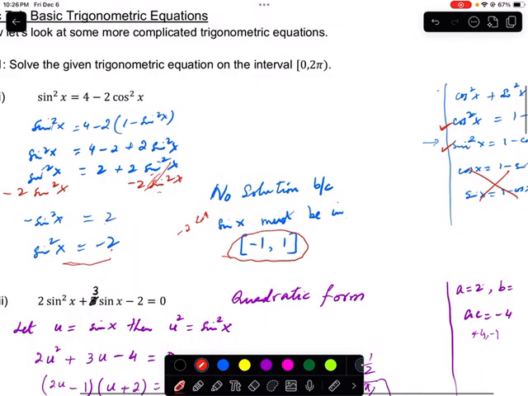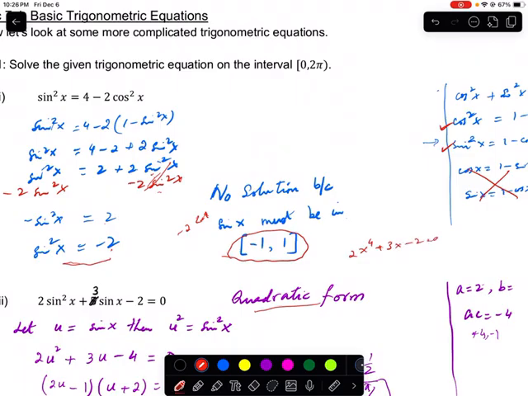Looking at the next equation, 2 sine square x plus 3 sine x minus 2 is equal to 0. If you note, this is a quadratic form, something like 2x to the 2 plus 3x minus 2 equal to 0.